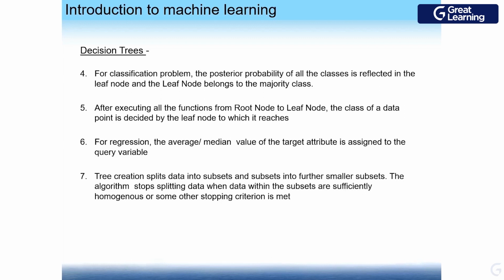Suppose the majority here is non-defaulters. This gets a label of non-defaulters, but please understand, it is not 100% non-defaulters. It is not 100% defaulters. It's a mix, but the majority is this. Since it's still a mix, I apply some other function on some other attribute on this data set and further split it.